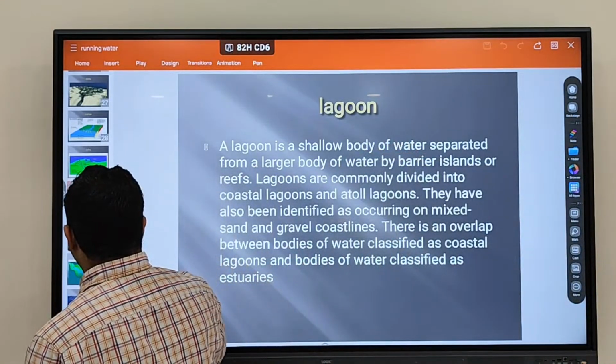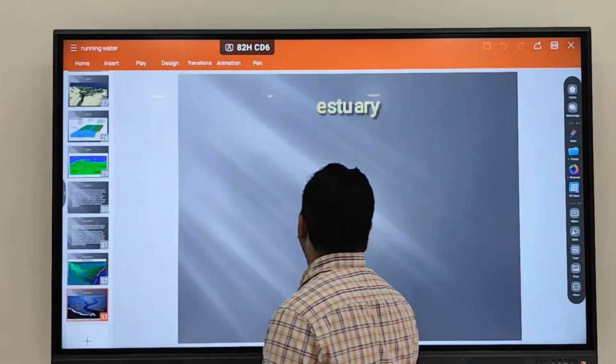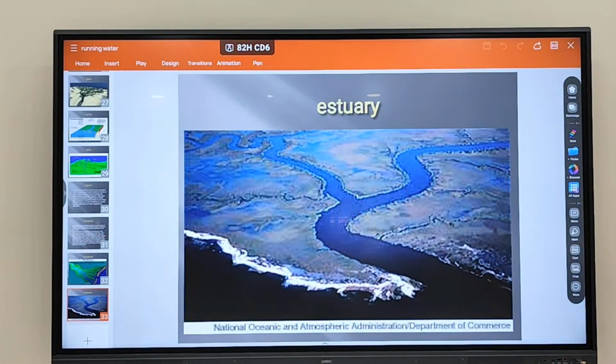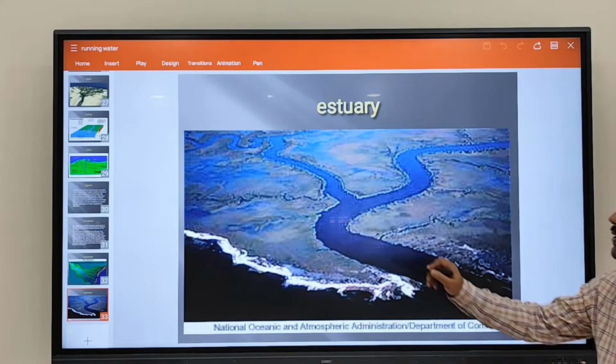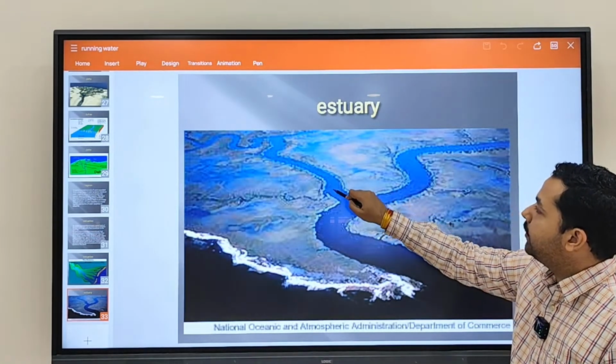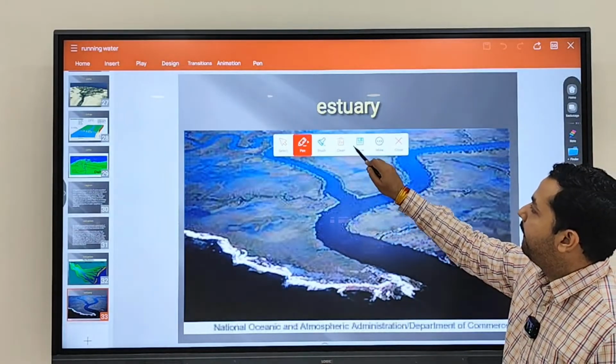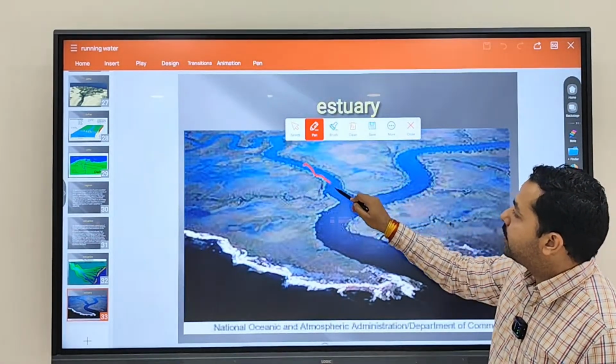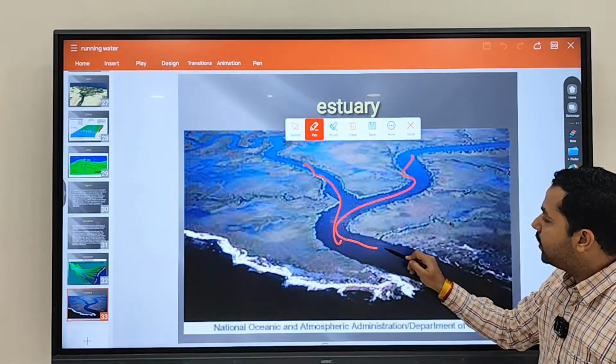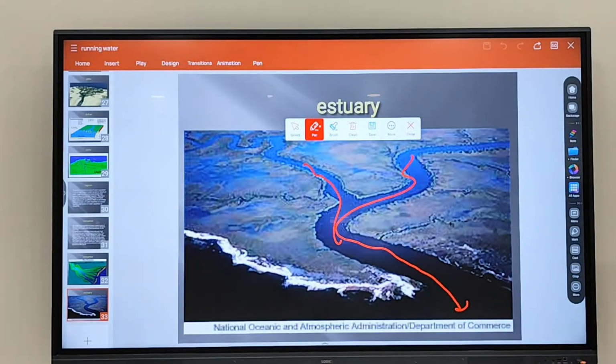Fine. And lastly that you have is the concept of estuaries. So sometimes if the river does not carry the sediments, what will happen? You can see this is how the rivers are coming, and they are joining the oceans like this. Clear?